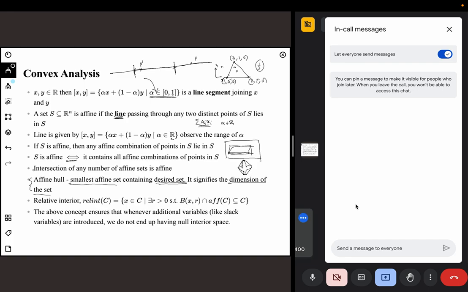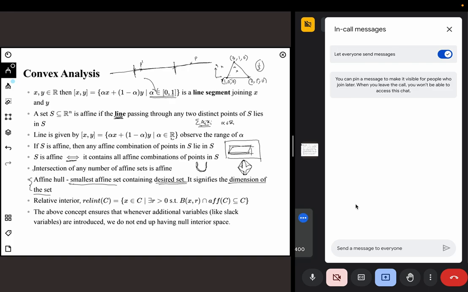If you want to take a curved surface, the problem is that if you have a curved surface, like a coffee cup, are the elements on the coffee cup an affine set? So this is my U-shaped coffee cup, and I'm defining my set as all the points lying on this cup.